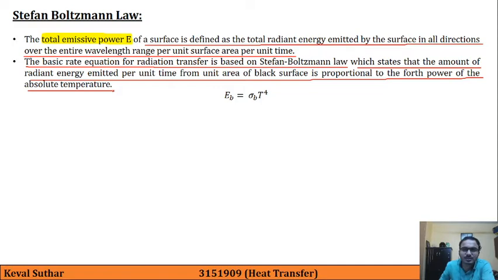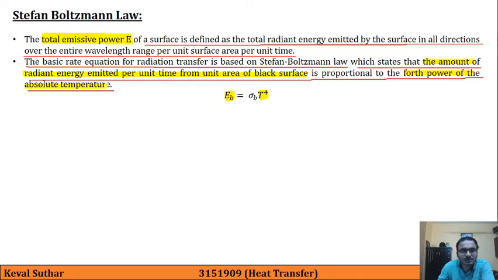That is the radiant energy per unit time per unit area of black surface, which is proportional to the fourth power of absolute temperature.